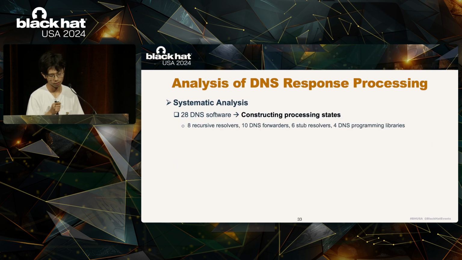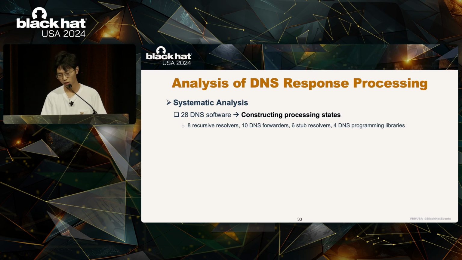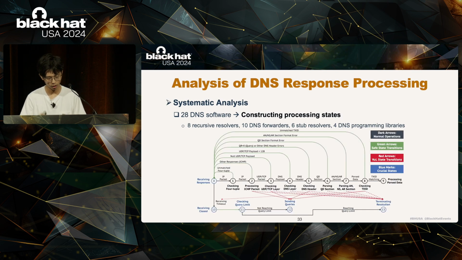To find these vulnerabilities, we conducted a comprehensive analysis of the DNS response processing logic. We constructed processing logic state transitions for 28 DNS software, including recursive, forwarder, stub, and programming libraries, and concluded a general processing logic, which is shown below. You can see that we defined the whole DNS processing logic into 13 states.